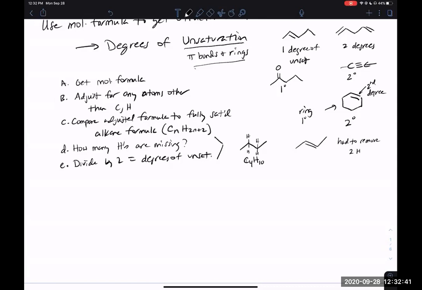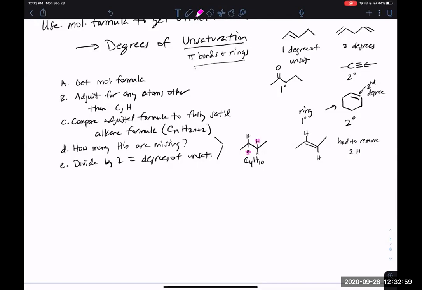Otherwise, I'd violate the octet. So I still have a hydrogen up here, and I still have a hydrogen down there, but I removed this one and this one.